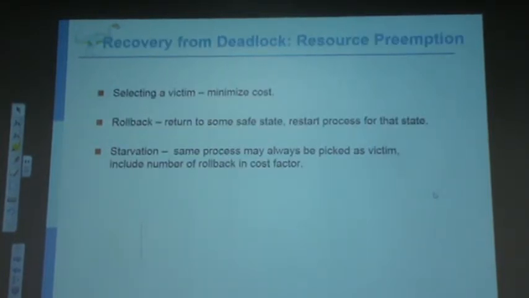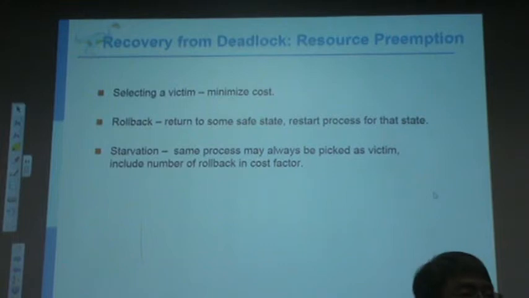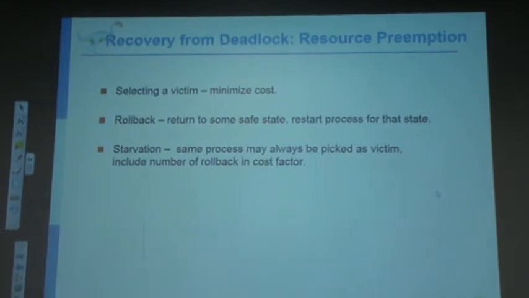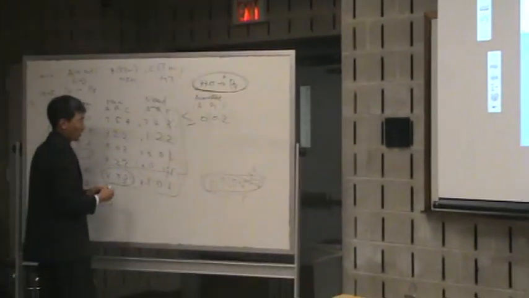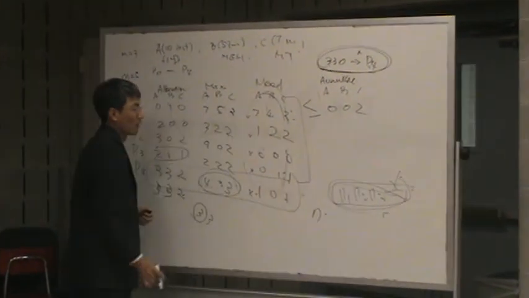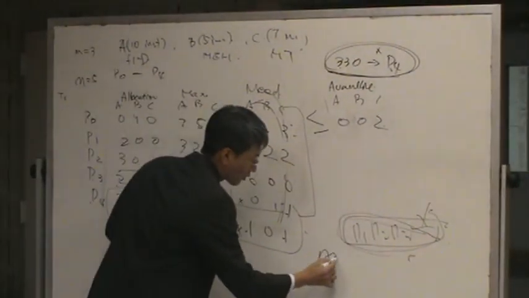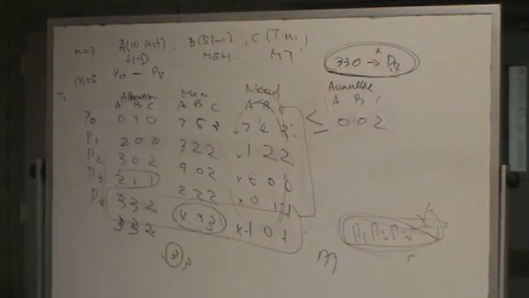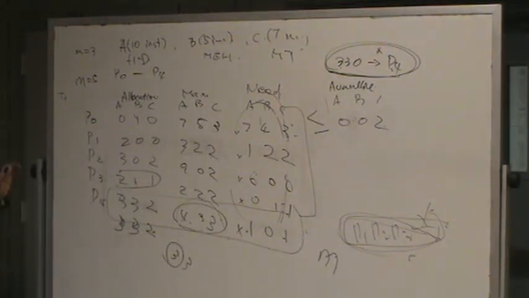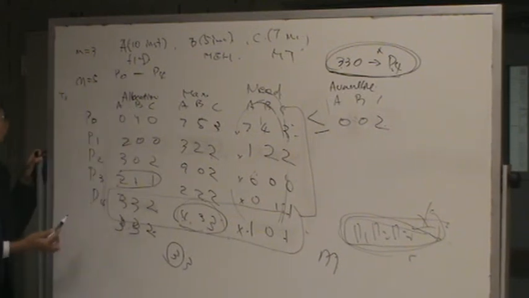The problem with deadlock detection or the banker's algorithm is that their complexity is too high. Roughly, for each resource, you need to consider process by process.